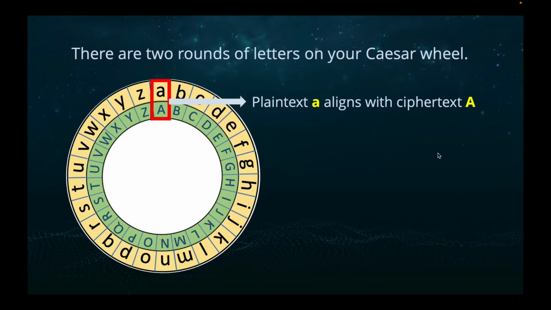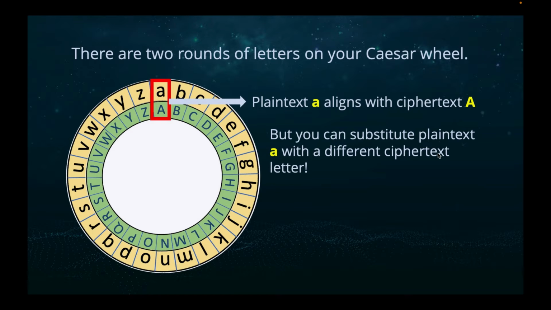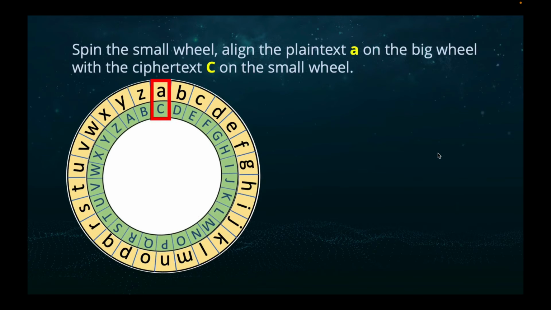In short, the key is the uppercase letter, ciphertext, that matches with the lowercase plain text A. Students spin the ciphertext wheel to align the key with lowercase a.